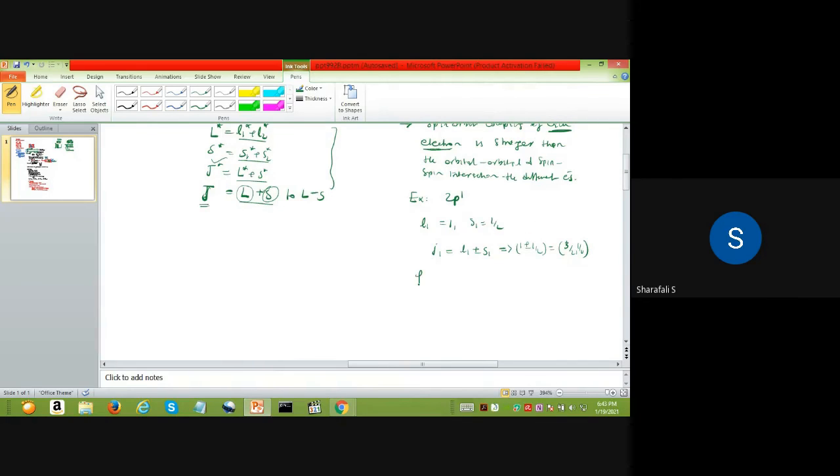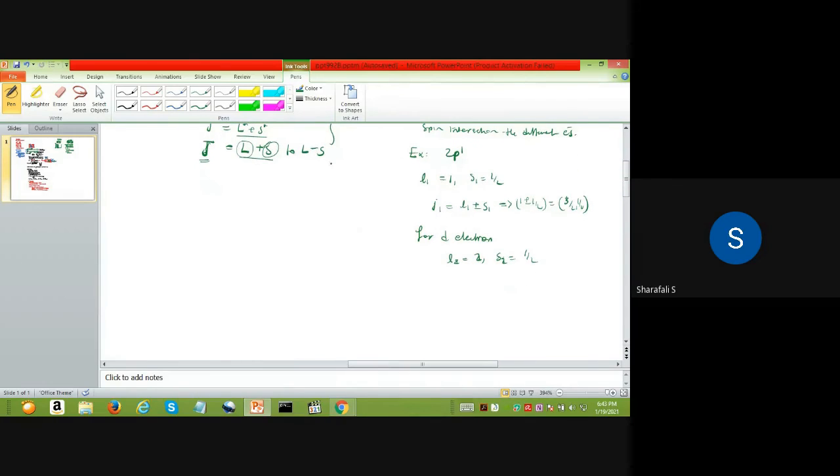Now, if you consider a D electron, which is in the D orbit, then L equal to 2 and S equal to half. So I am considering a state like PD. Let's consider 2p and some other energy level with a D electron.